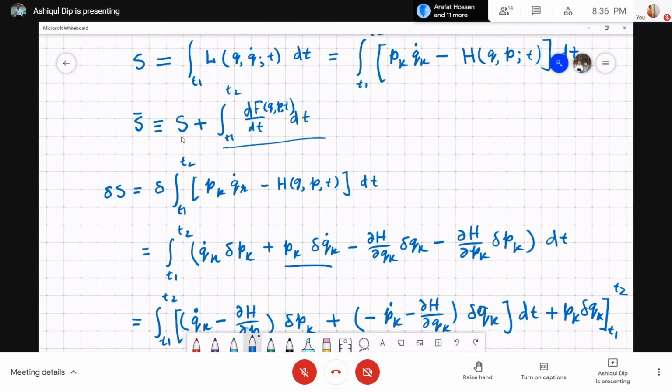At initial time, you just put the corresponding position and momenta, so you get initial values. Whenever you are varying s bar, this part doesn't give you anything more, but varying s gives you the equation of motion itself. So varying s bar and varying s should be equivalent, right? Because s bar is just translated by a number only.